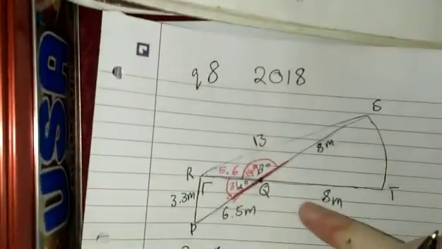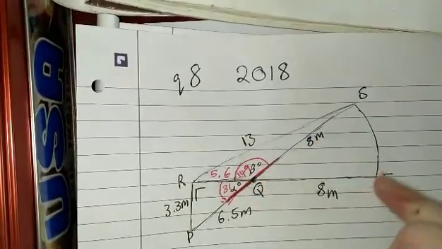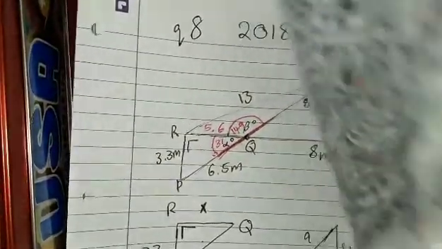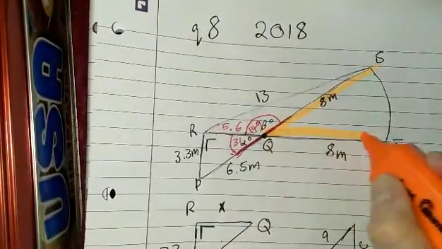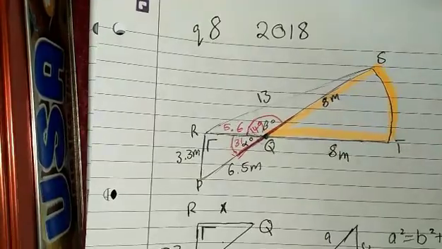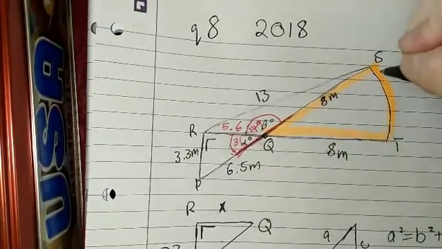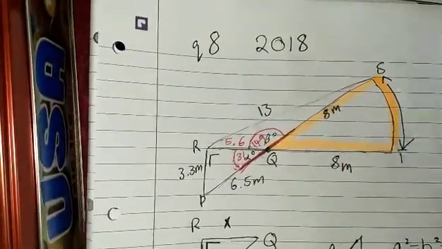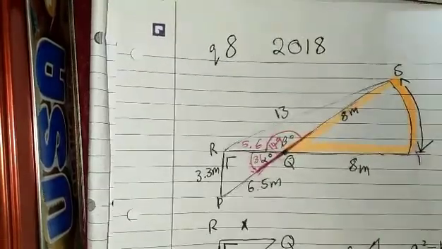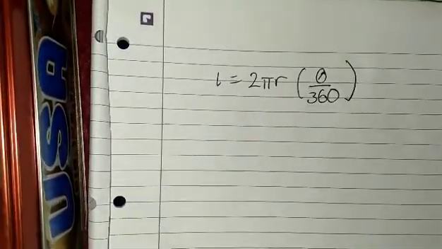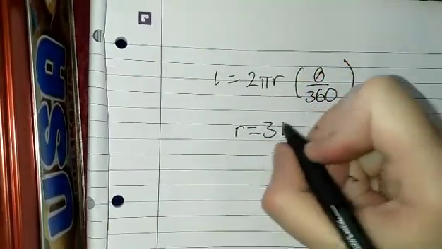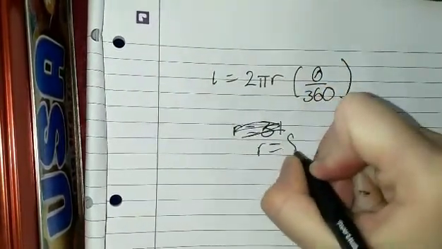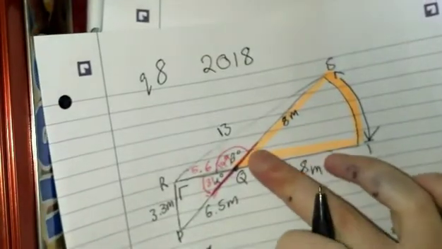But if I look here, if this is my circle, this is my part of a circle, and the length I want to get is this length of my arc here. So I know my radius is 8, but I need to find the size of this angle here.